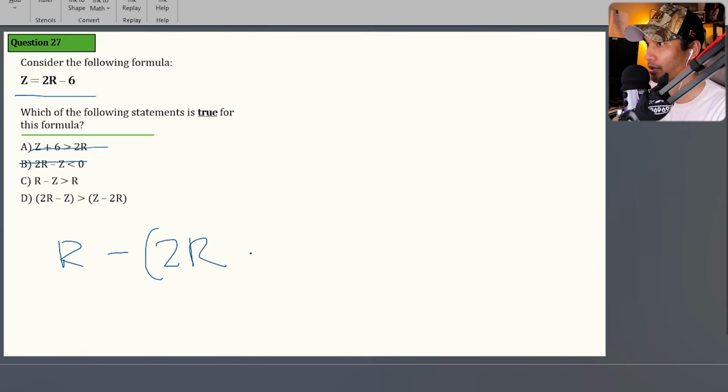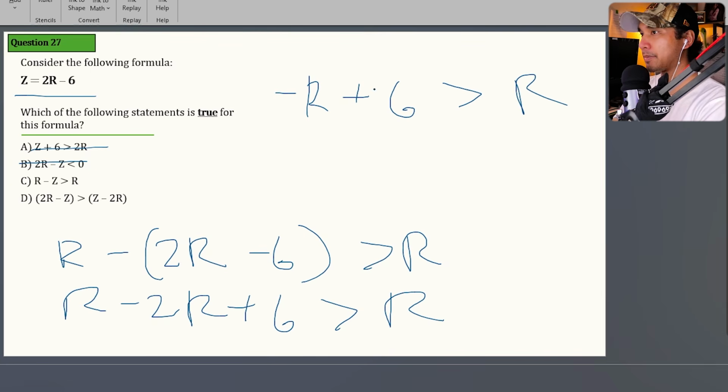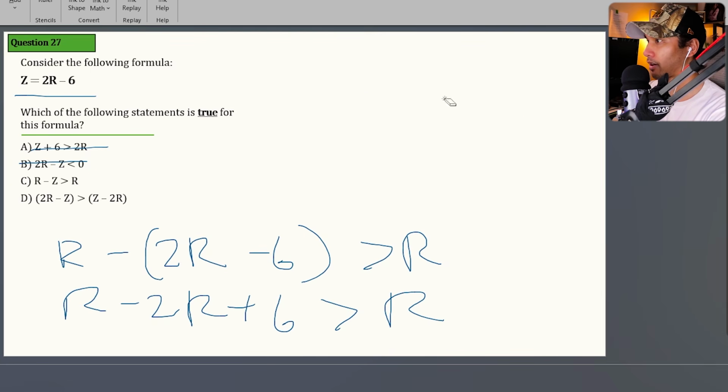Okay, let's do it again. 2R minus 6. Remember, we have to distribute that negative. Okay, R minus 2R plus 6 is greater than R. And then we get negative R plus 6 is greater than R. I'm going to redo this one. I think I did it wrong.